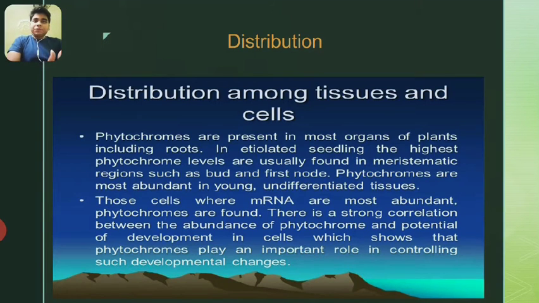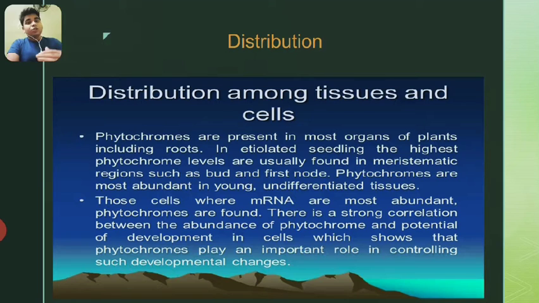Its distribution among tissues and cells. Phytochromes are present in most organs of plants, including roots, in etiolated seedlings. The highest phytochrome levels are usually found in meristematic regions such as the bud and first node.